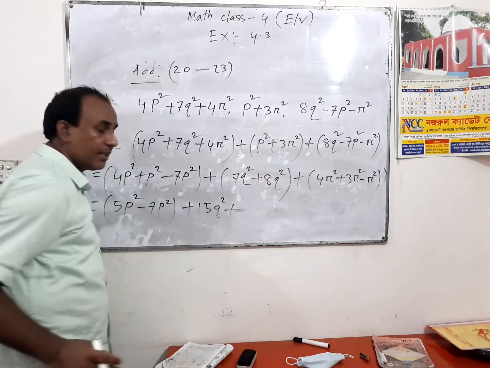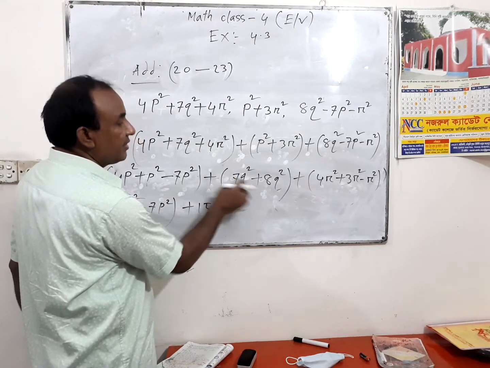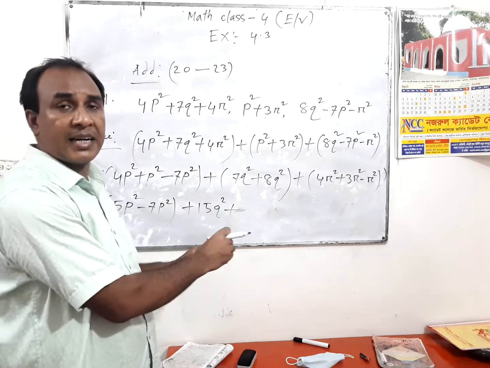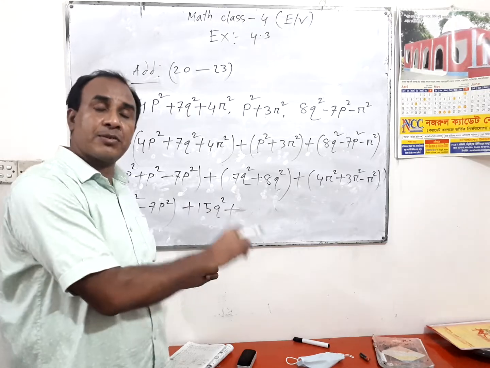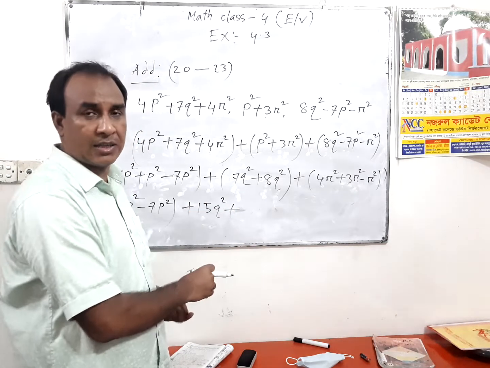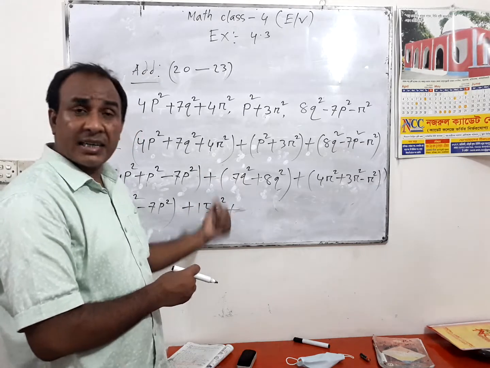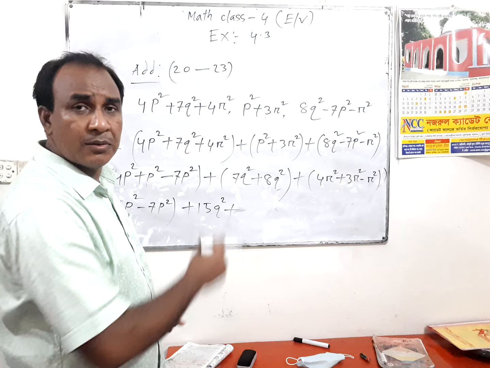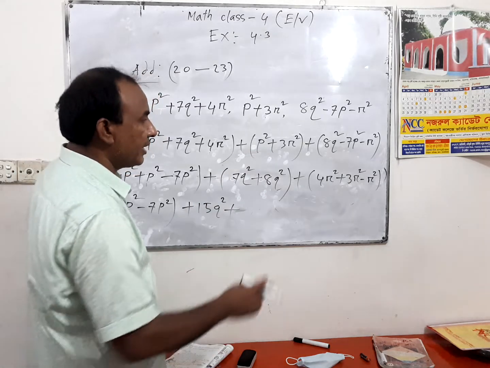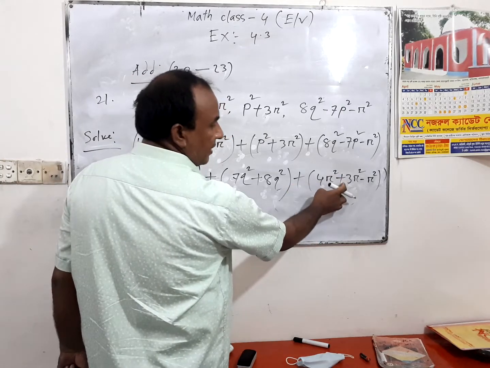The bracket is already gone because inside the bracket the 2 terms are converted into 1 term. When all the terms inside the bracket are converted into one, the bracket is omitted. Then 4r square and 3r square.